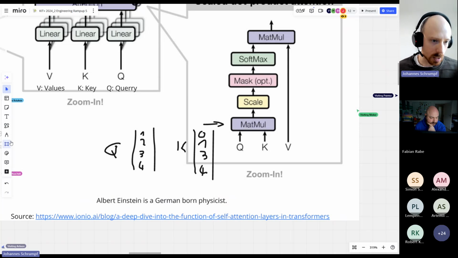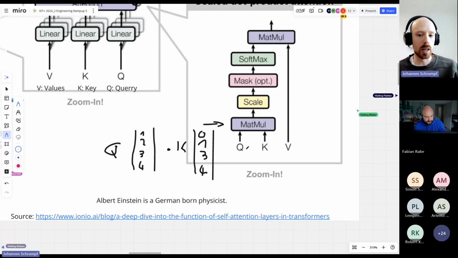And what this dot product or matrix multiplication does is, and again, Q, K, and V represent the same input. So Q is this sentence, K is the sentence, and V is also the sentence.